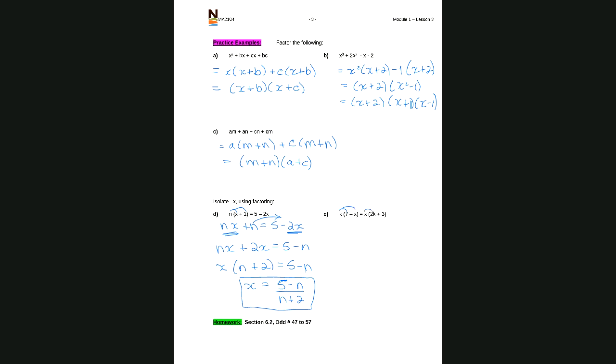For e, we have to expand a bit before isolating x. Now there are 3 x terms. This has an x in it, and these two as well. So put them on the same side.